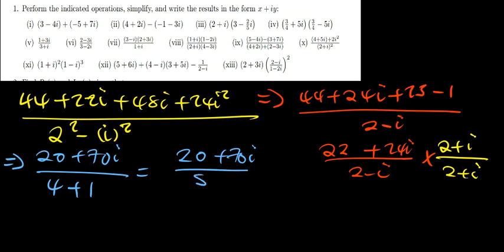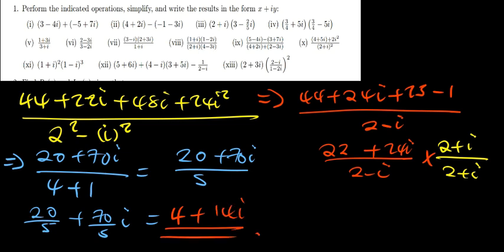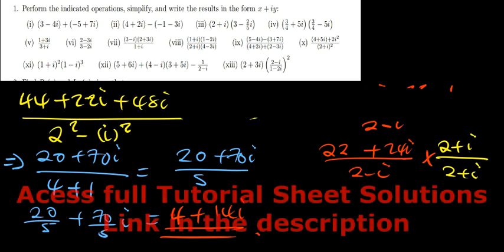This is the same as 20 divided by 5 plus 70 divided by 5i. This can be simplified: 5 into 20 is 4. Then 70 divided by 5 should be 14. So plus 14i. So this is my final answer for part 12.